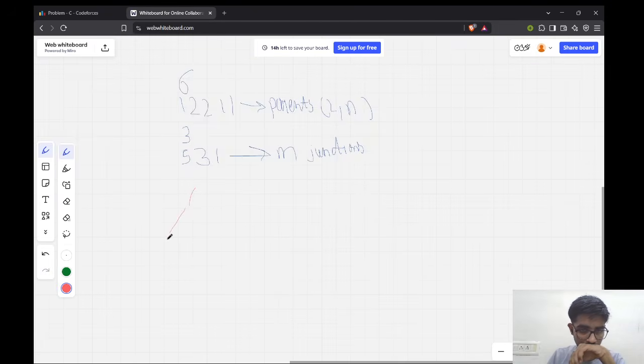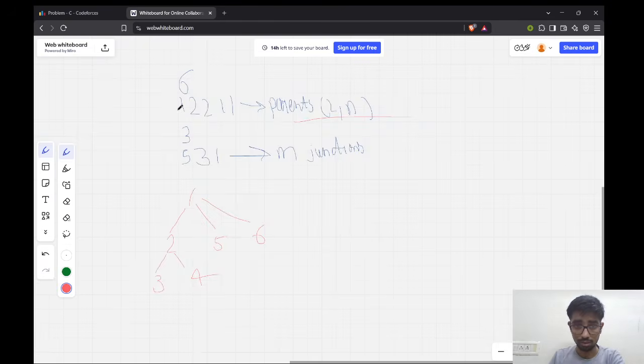One, two, three, four, five, six. How am I drawing this? Because we are given that for the second node, the parent is one, because it's the second value we are given.